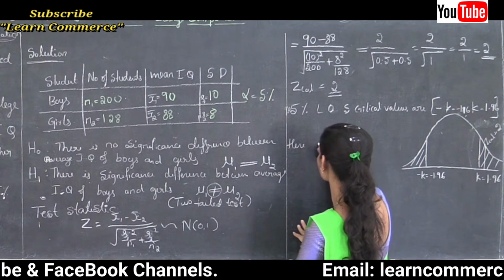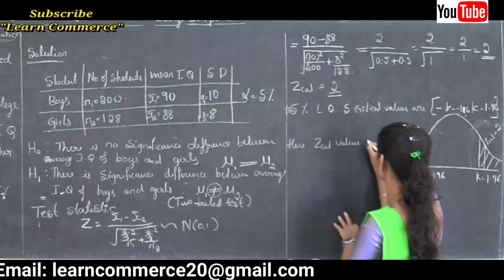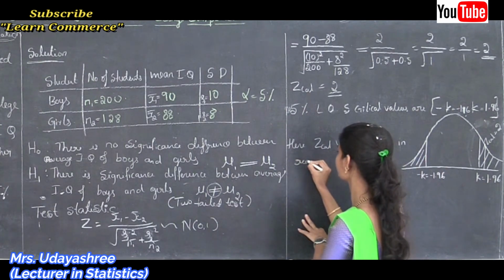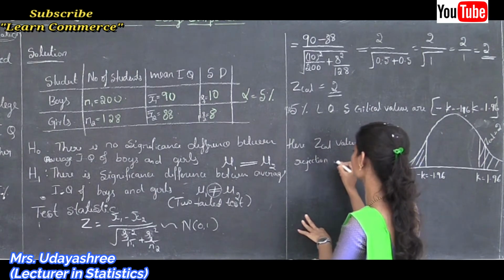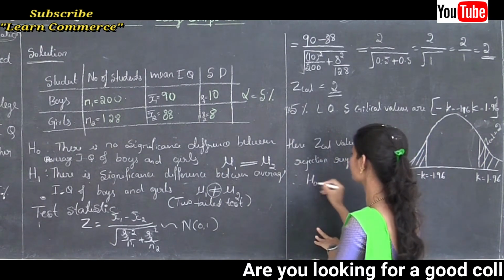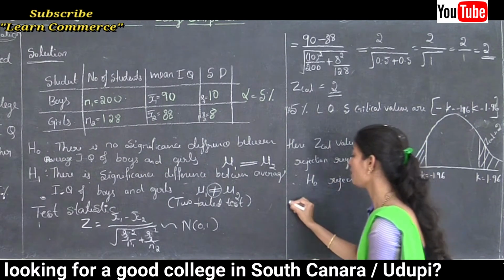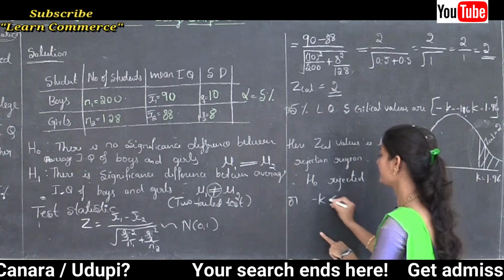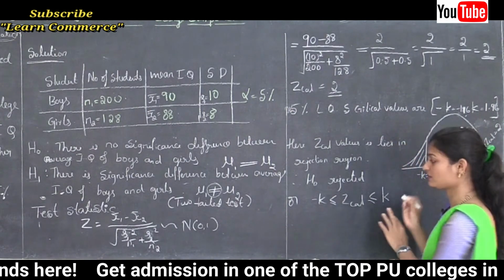Here the calculated value lies in the rejection region. Therefore H0 is rejected. Or, we know the condition of a two-tailed test: minus k is less than or equal to the calculated value, which is less than or equal to k.